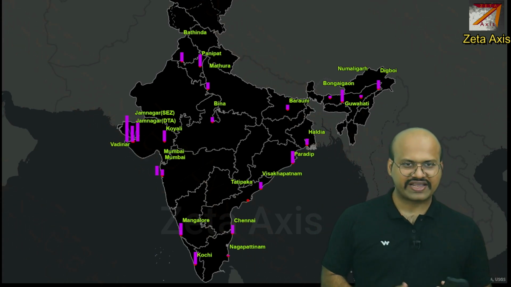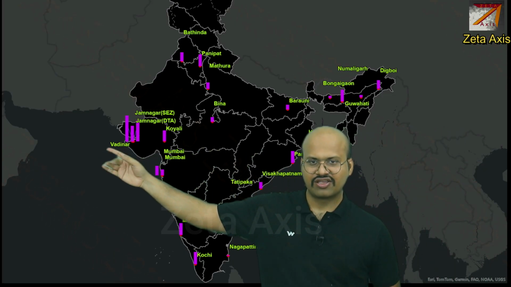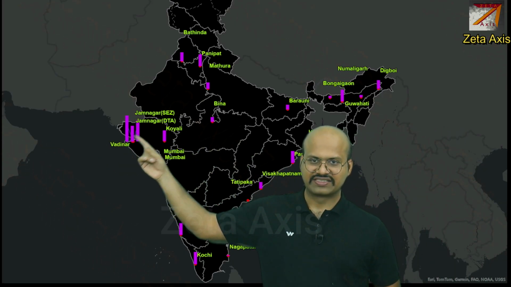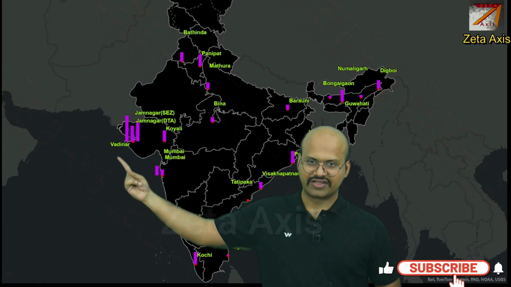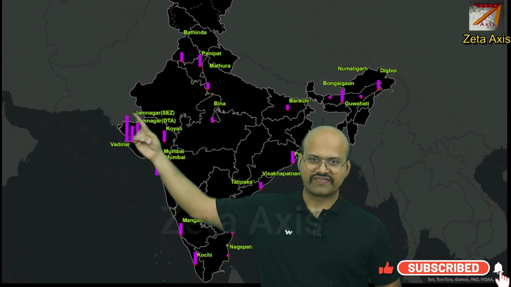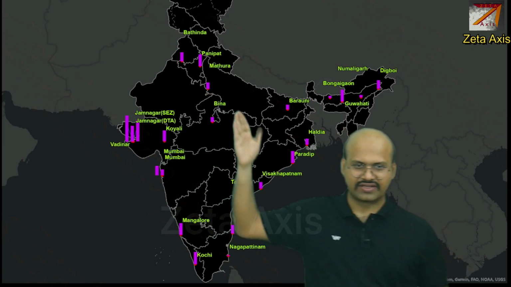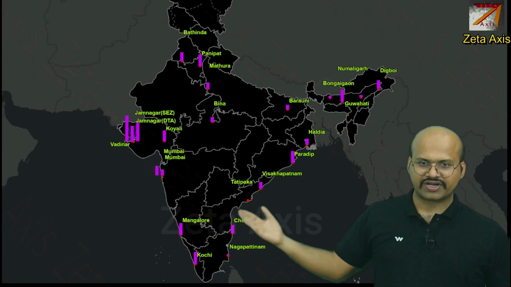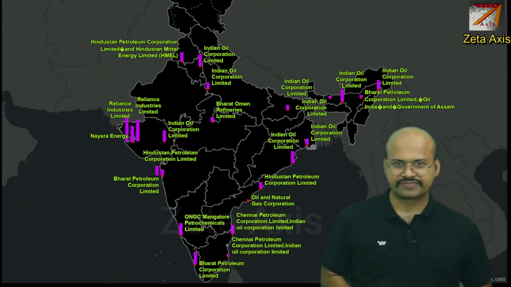Here we can see the refinery capacities in the form of this vertical column. So we can see clearly all three refineries at Jamnagar: one is at Jamnagar SEZ, one is Jamnagar DTA, and another is in Vadinar. So all these three refineries have very high capacity. Then we can see that refineries at Panipat, Paradeep, Visakhapatnam, Mangalore, Kochi, Koyali also have higher capacity.